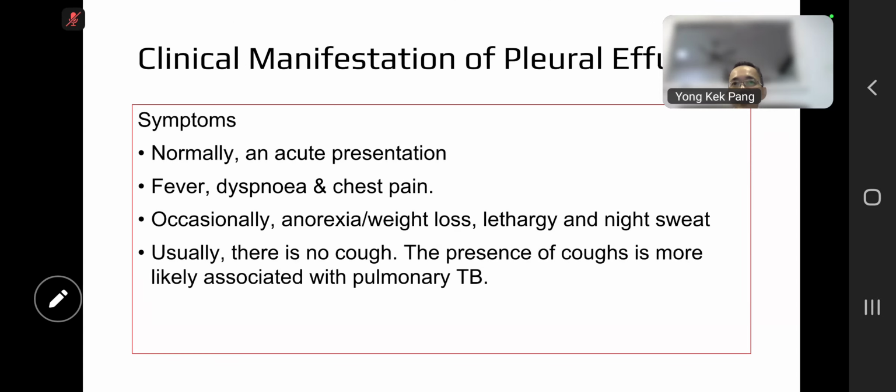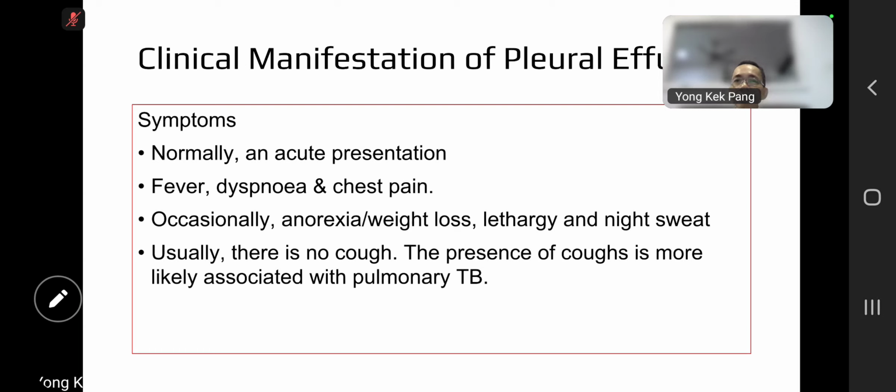But because it's acute, quite a number of times it's quite difficult to differentiate this from parapneumonic effusion, because parapneumonic effusion also presents with anorexia, lethargy, and things like this, right? Only when the condition becomes chronic, then you know that it is due to some chronic infection.